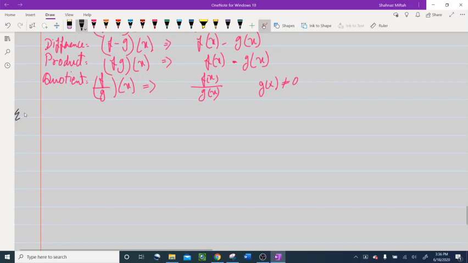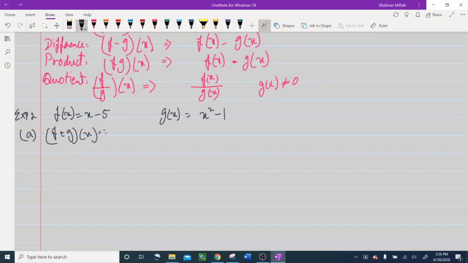Okay, this is my example number 2. I have a function f of x, x minus 5, and I have a function g of x, which is equal to x squared minus 1. Find each of the following. Okay, so A, I'm looking for f plus g, the sum of the functions.